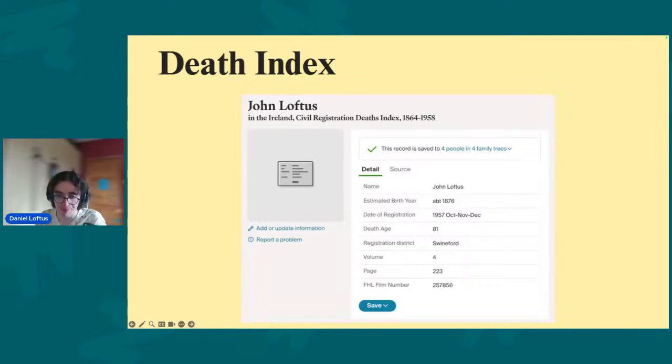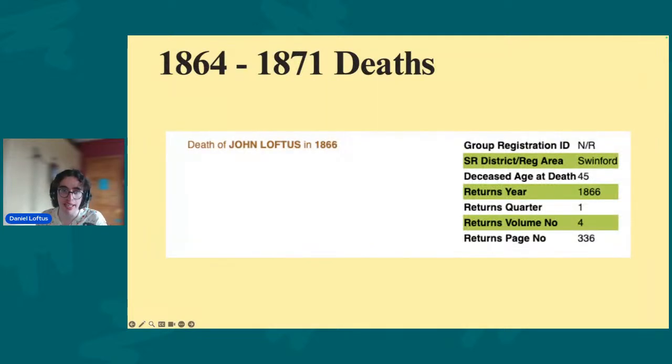And as I said, for 1864 to 1870 or 71, I keep forgetting, deaths are only indexed, but this is from the old Irish genealogy site.